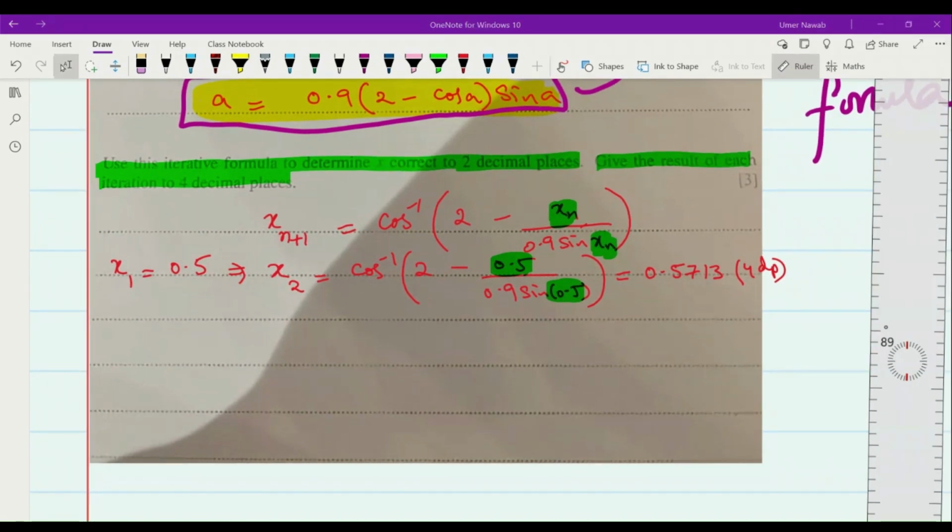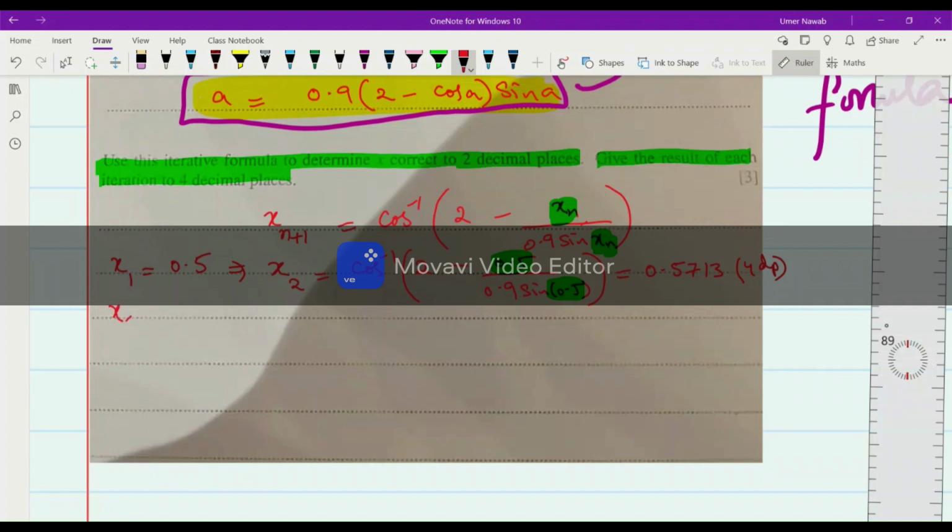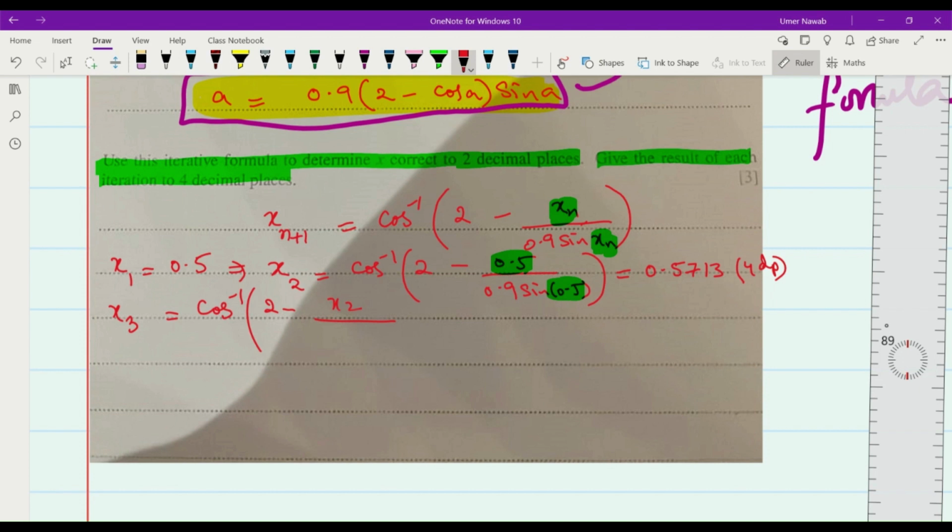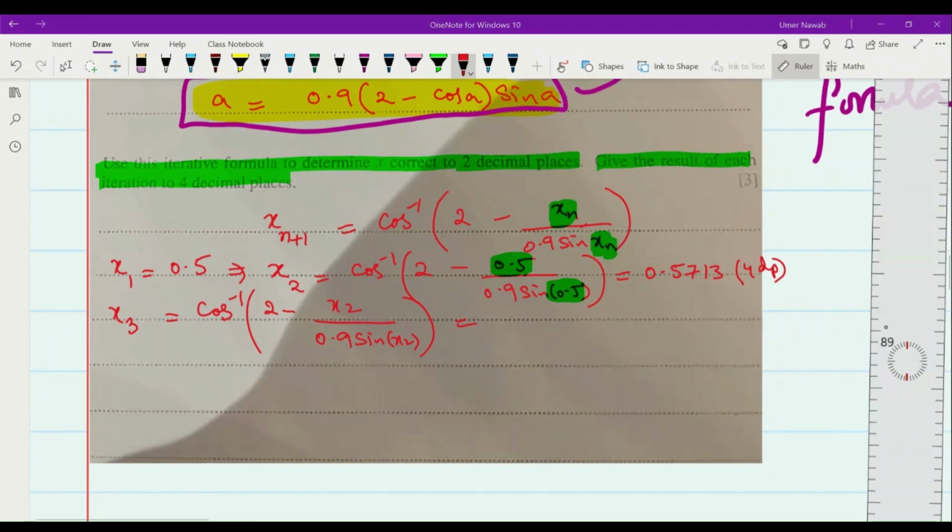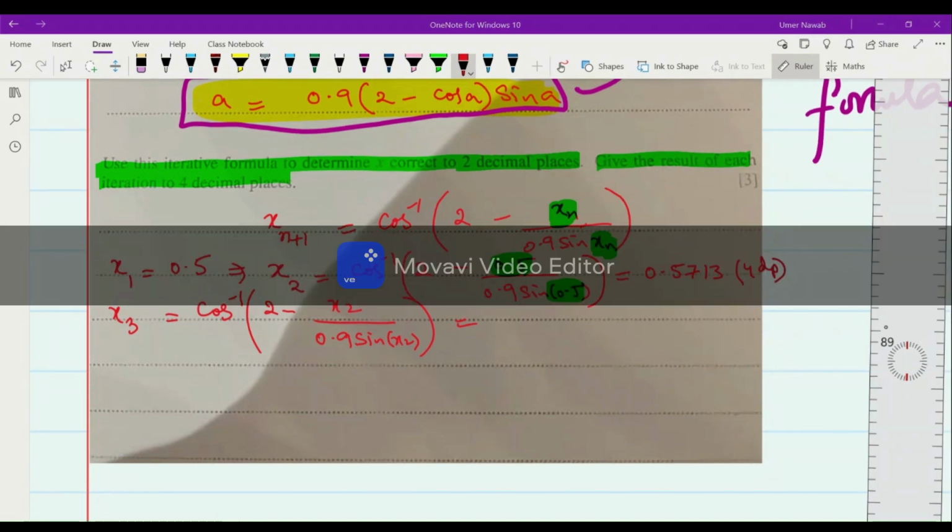Now I want to get x3 by using x2. How does the formula look? Shift cosine of (2 minus x2) over 0.9 sine of x2 to get my x3. No need to write 0.57. Your calculator has already taken that value, so that is saved as your answer.